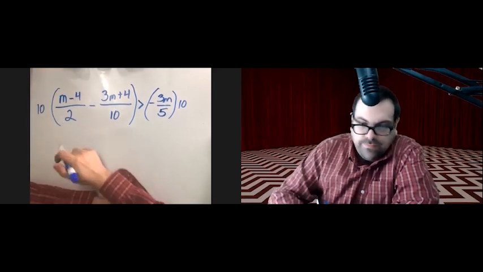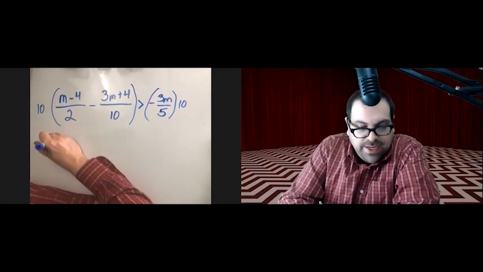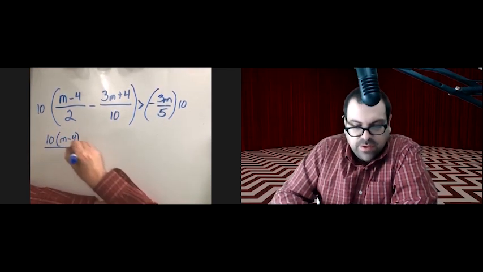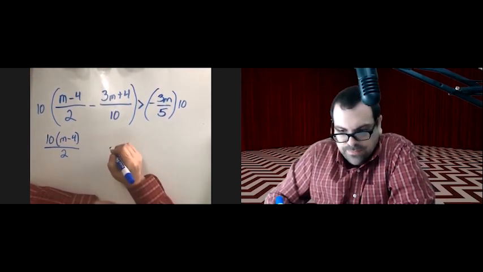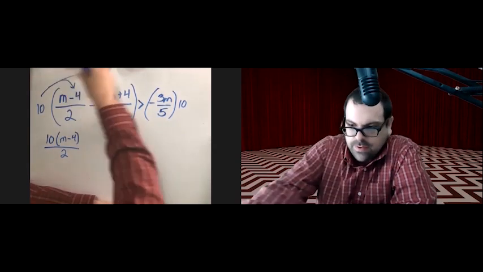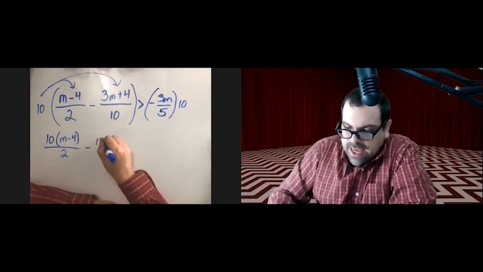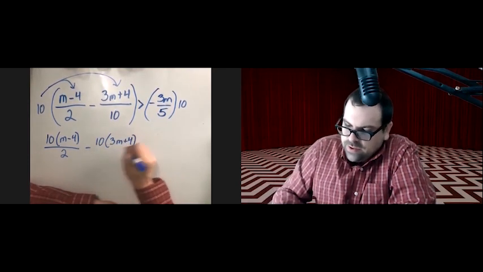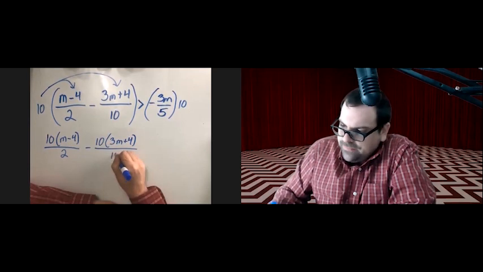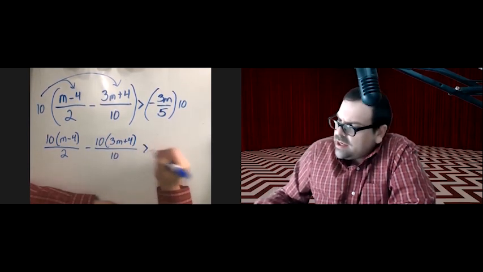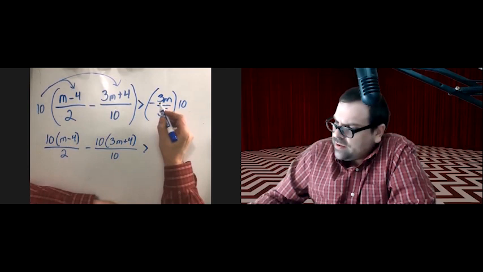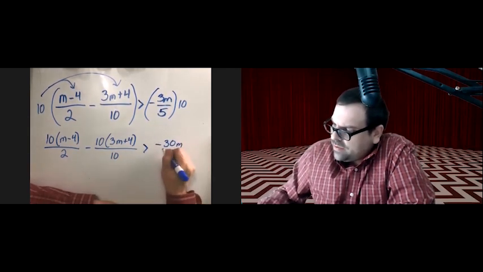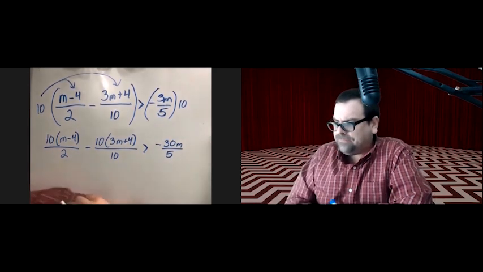So this would be 10 times m minus 4 all over 2 minus 10 times 3m plus 4 over 10 is greater than, this is going to be negative 3 times 10, negative 30m over 5.